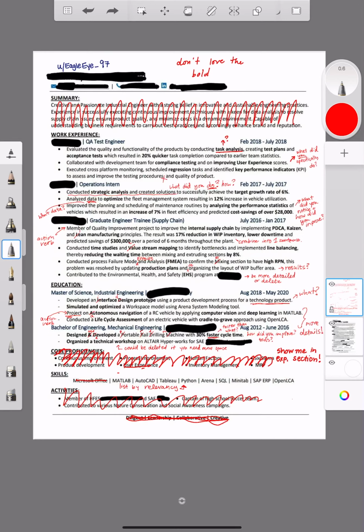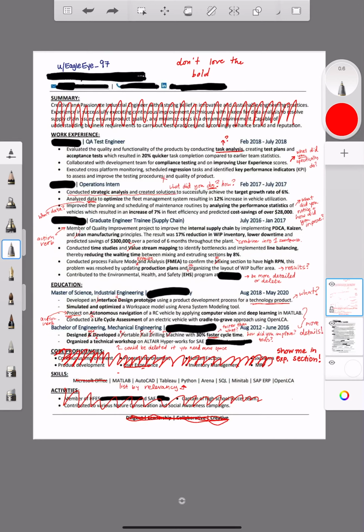And I think elaborating on the education projects would be huge, and that's a great use of space rather than an activities section or a soft skills section.